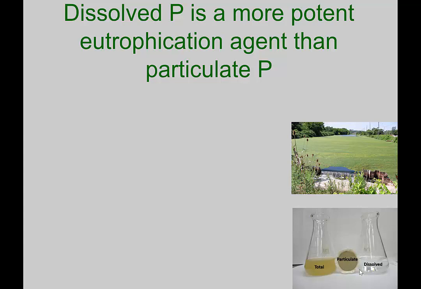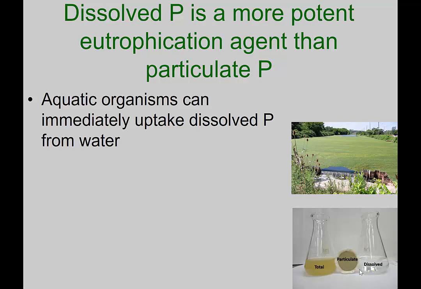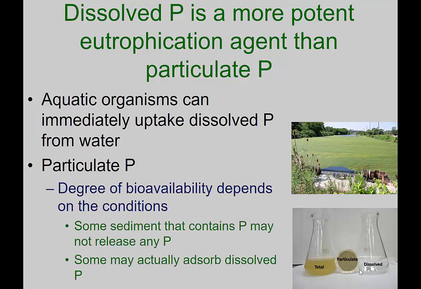It may desorb and go into solution, providing that phosphorus for growing plants and aquatic biota, or that sediment particle may actually adsorb phosphorus from the overlying water column. But on the other hand, dissolved phosphorus is immediately available for uptake by aquatic organisms. It makes it much more potent. So the degree of bioavailability of particulate phosphorus is going to vary quite a bit, but dissolved phosphorus, as soon as it hits the water, it's hot, it is ready, it can cause eutrophication problems immediately.